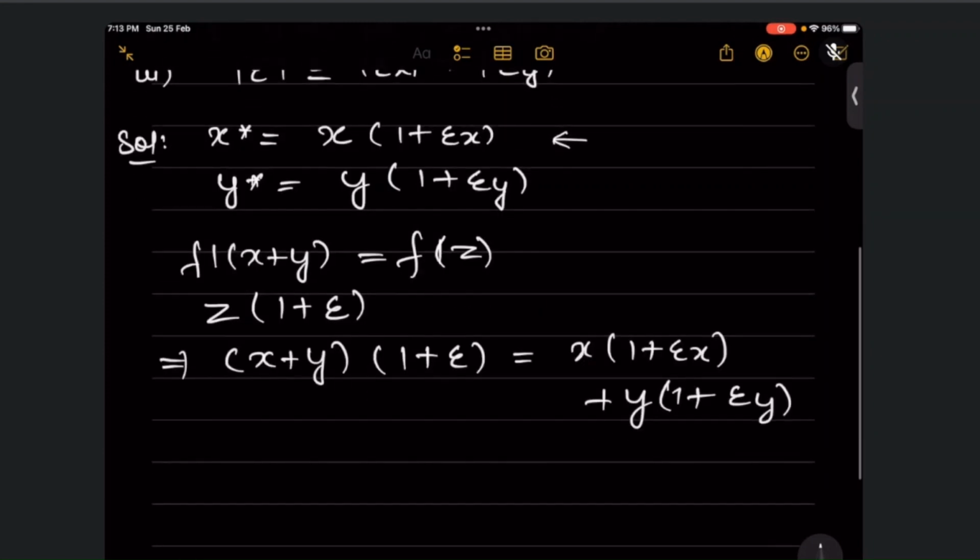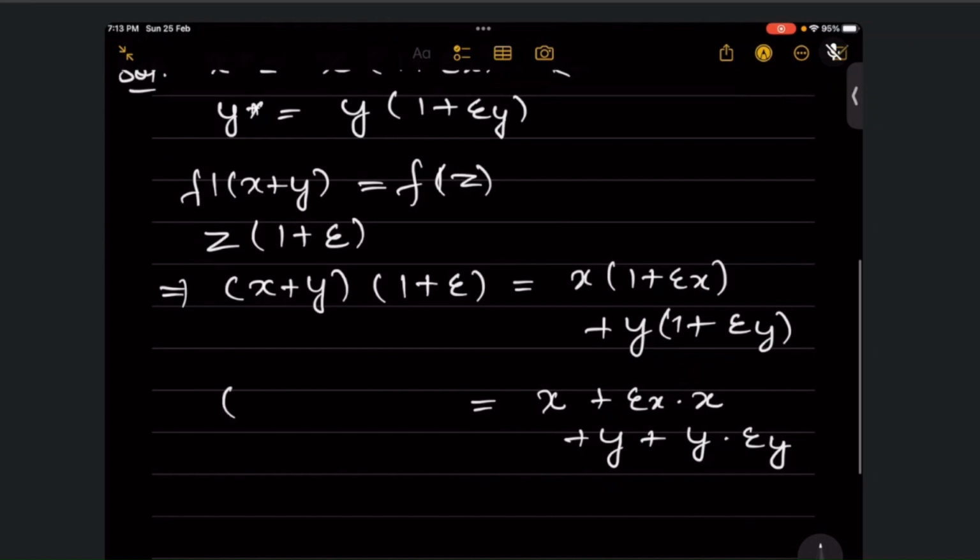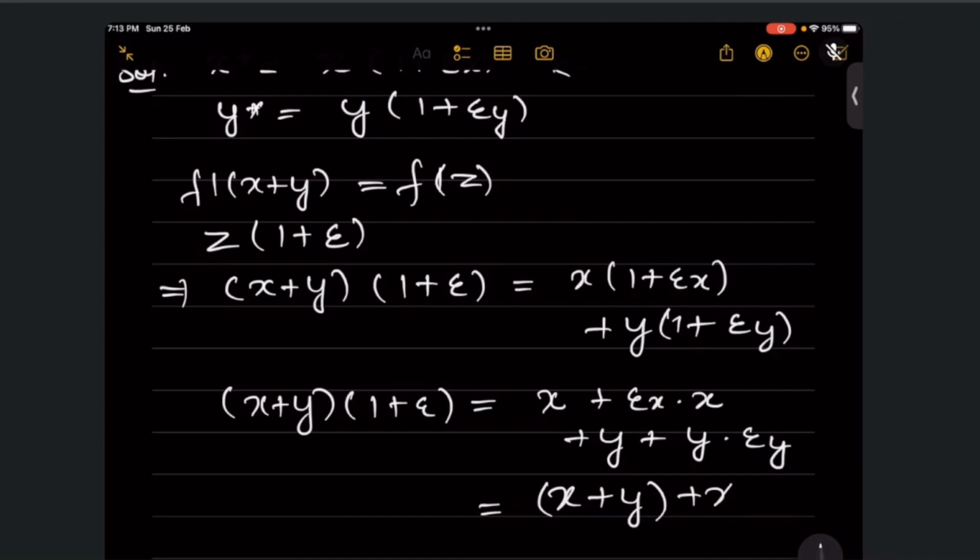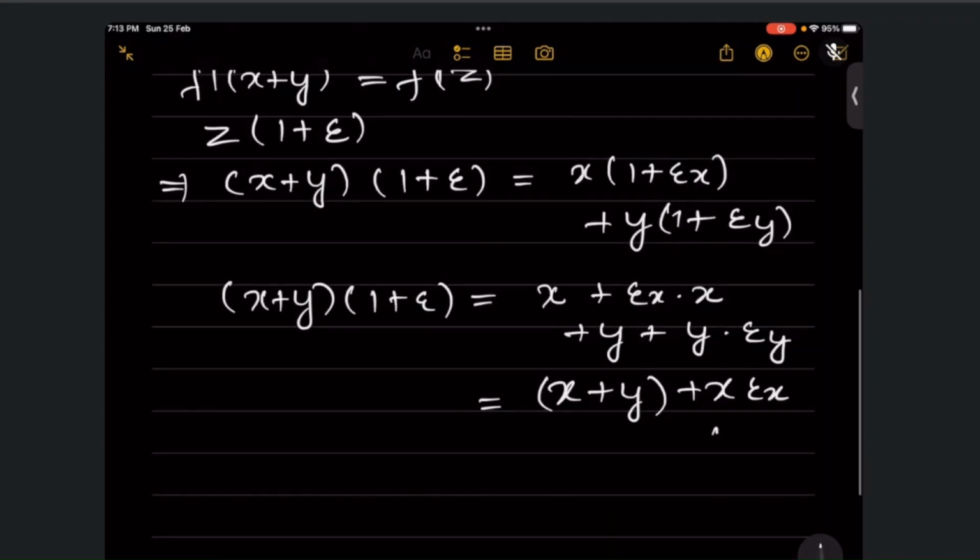So here we can write it as x plus epsilon x into x, then y plus y into epsilon y. And here we can write x plus y into 1 plus epsilon. Here you can write x plus y, then plus x times epsilon x plus y times epsilon y.